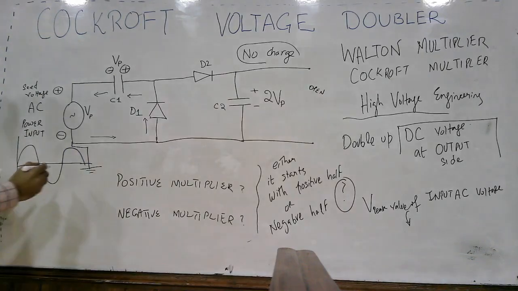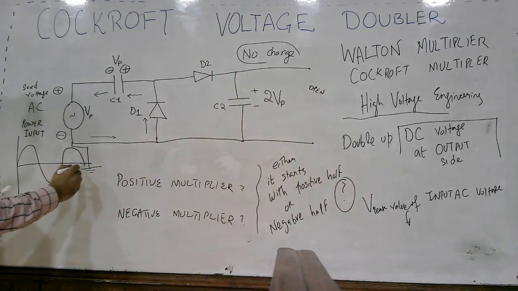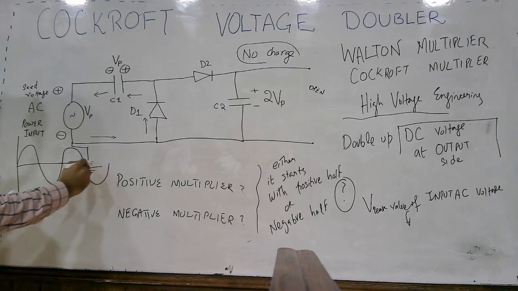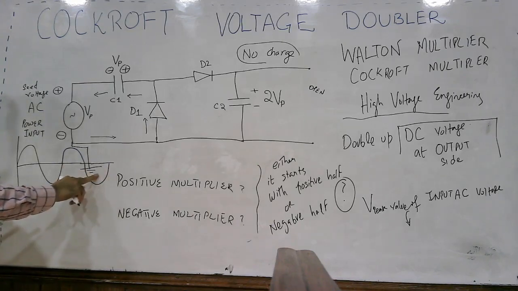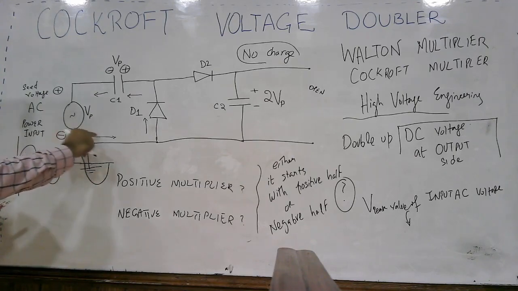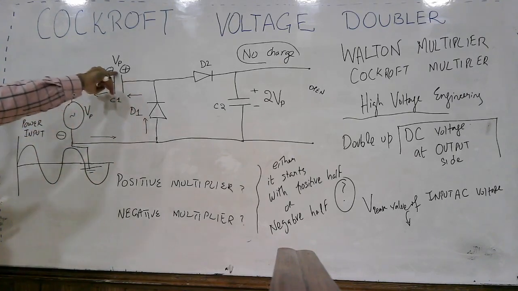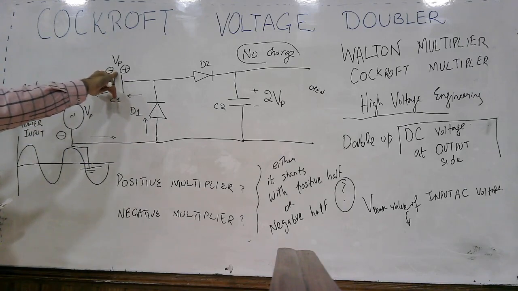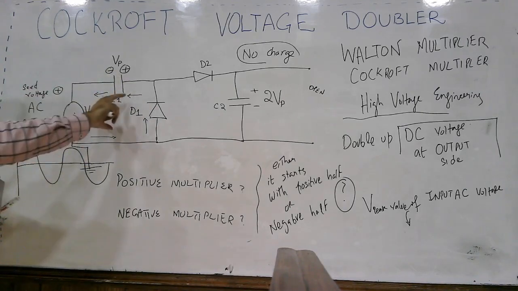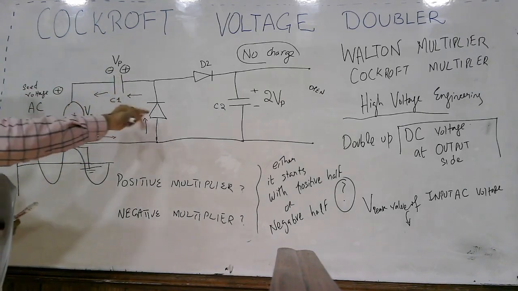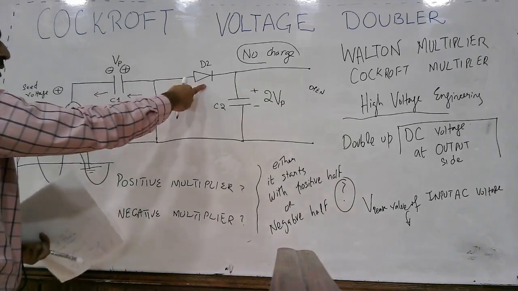Now when the negative half cycle comes in, what happens? This capacitor will be charged to Vp, okay, and this diode is reverse biased.